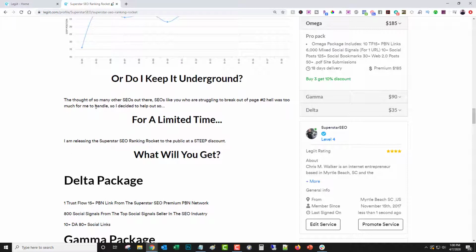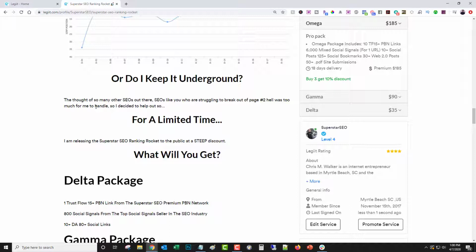The thought of so many other SEOs out there, SEOs like you that are struggling to break out of page 2 hell. See how, again, I'm re-emphasizing that they have a problem and they need a solution, was too much for me to handle. So I decided to help out. So for a limited time, that's very important. Scarcity forces people into action.